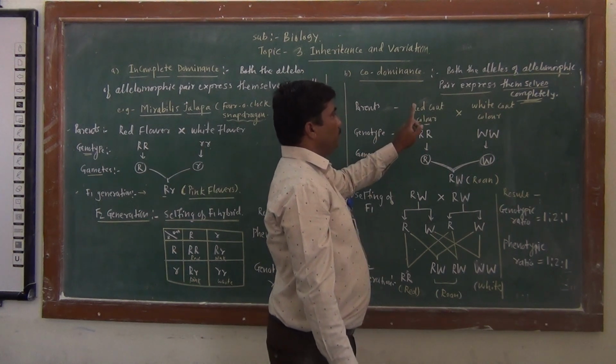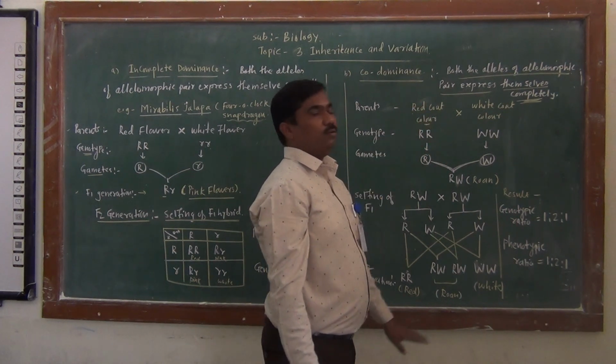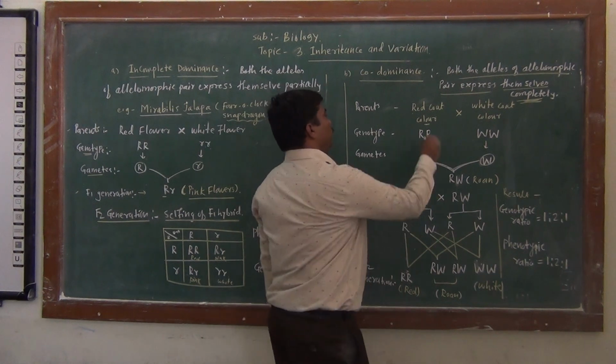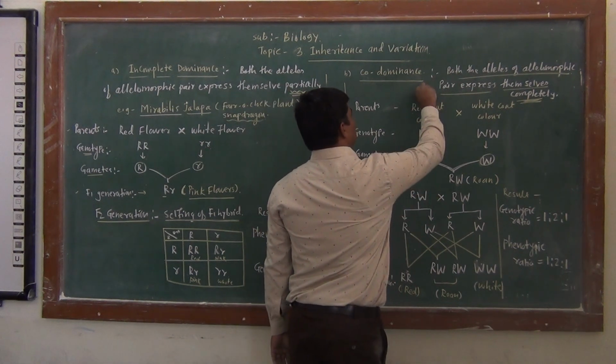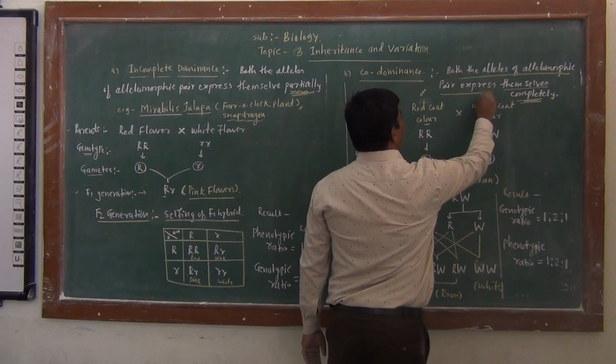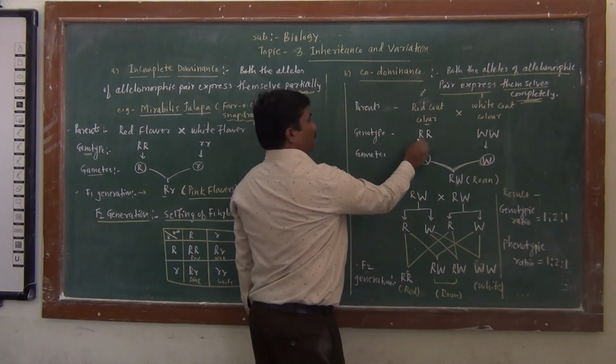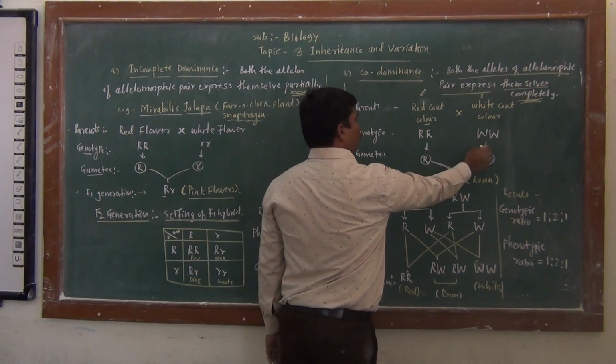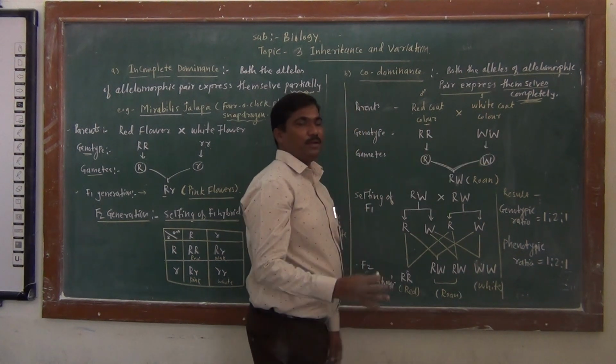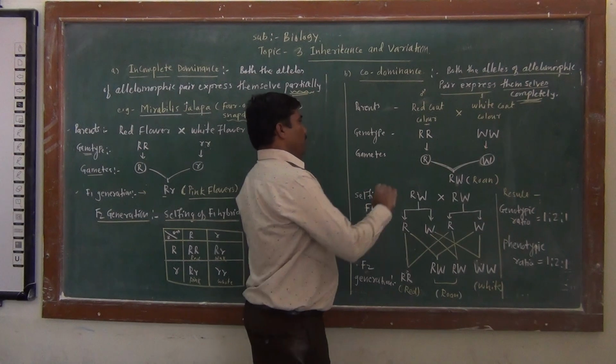So this red and white cow are crossed, in which one cow is a male and the other we consider a female. The genotype is capital R, and for white we take capital W.